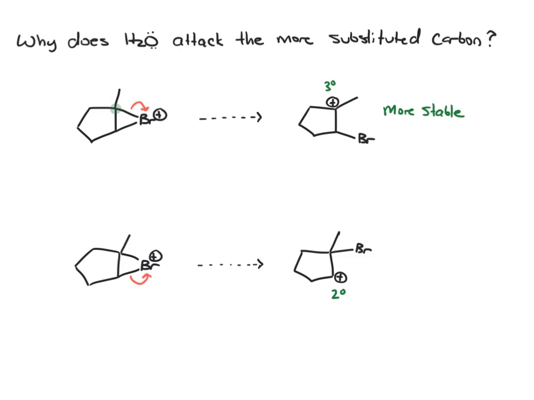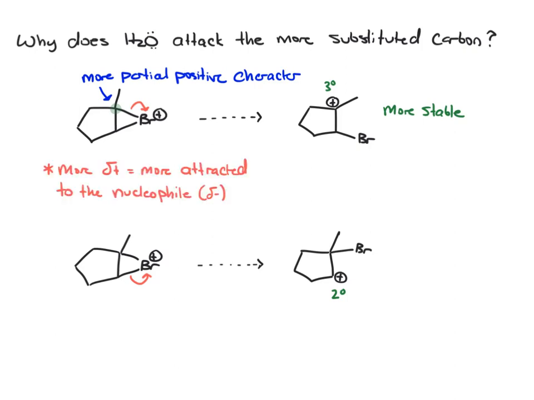Therefore, this carbon can better handle positive character. And what that tells us, more positive character means it's more attractive to a nucleophile. Because a nucleophile is negative and it's attracted to the most positive site.